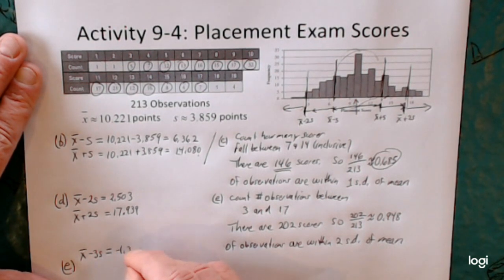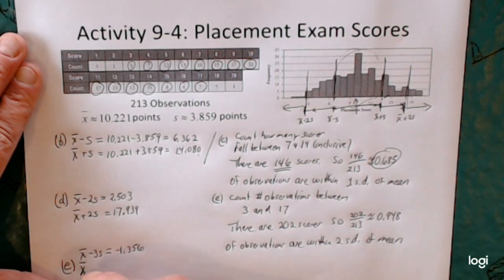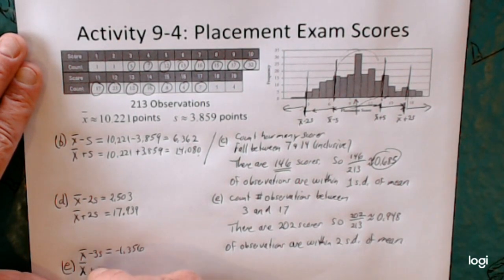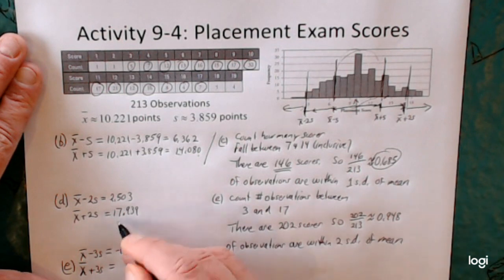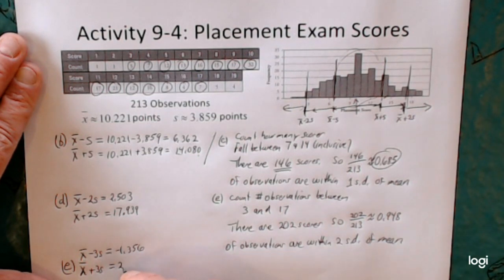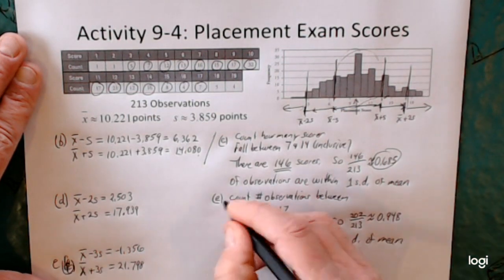Negative 1.356. Okay? And if I add another standard deviation on to 17.939, I get 21.798. And look at, oh, this is F, I guess. No, that's E. Sorry, this is D continued.